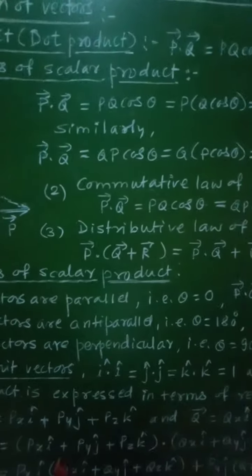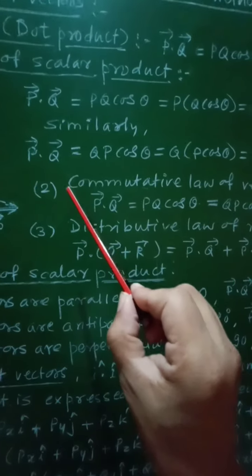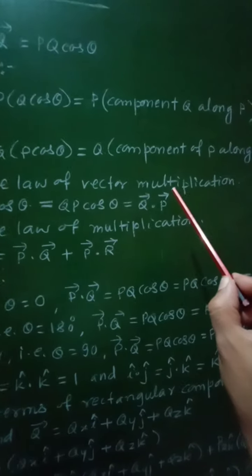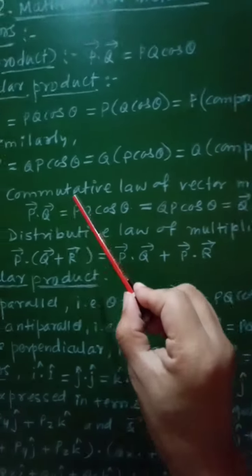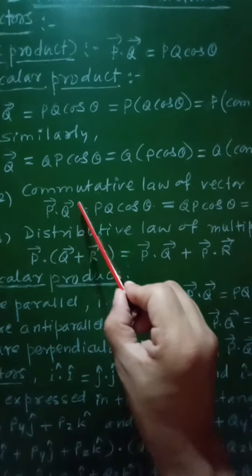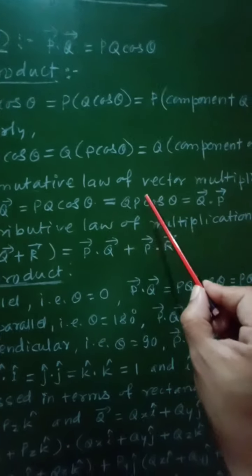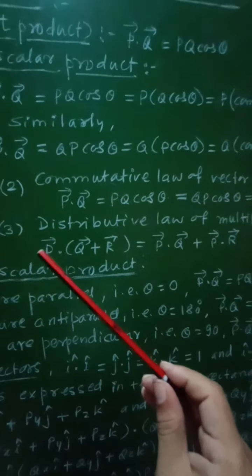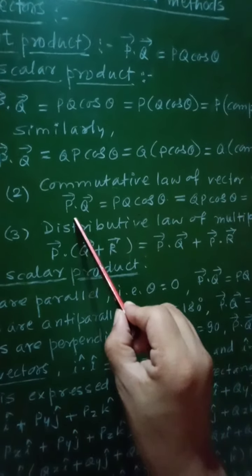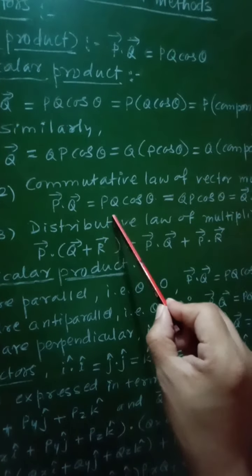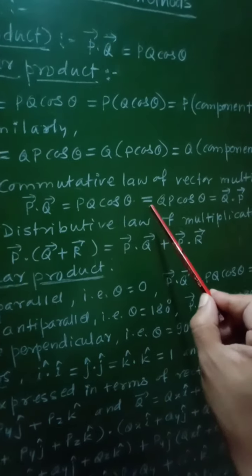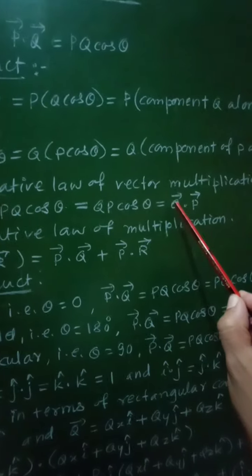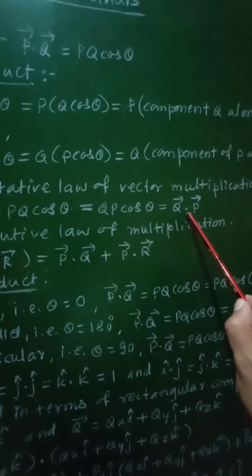Now let us consider the second characteristic. The scalar product obeys the commutative law of vector multiplication. Mathematically, it will be given as vector p dot vector q equal to pq cos theta, that is equal to qp cos theta, and that will be equal to vector q dot vector p.